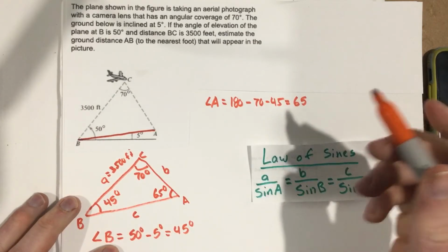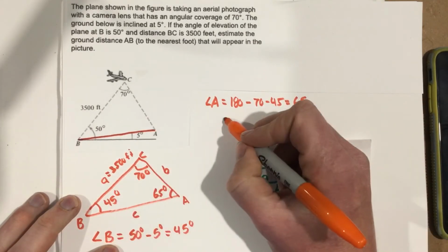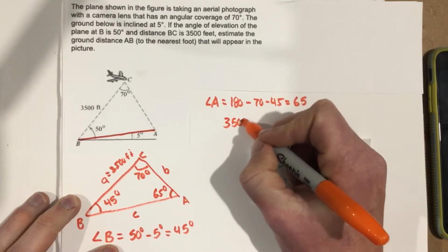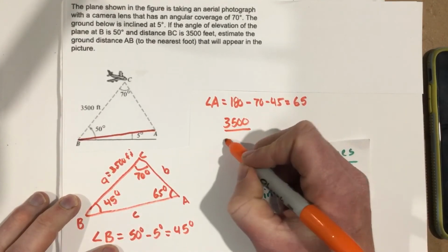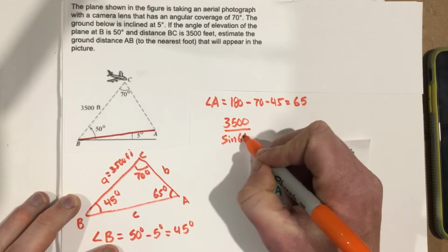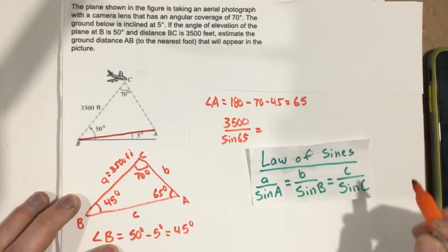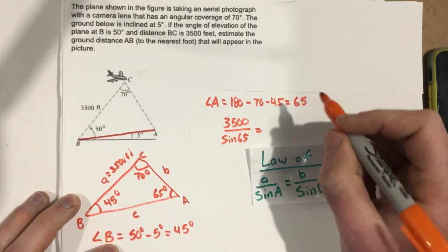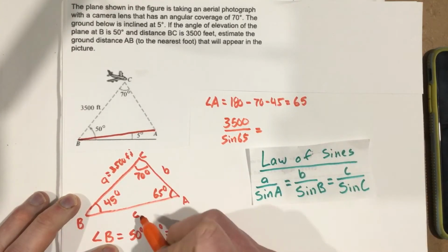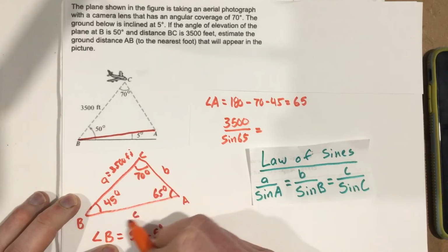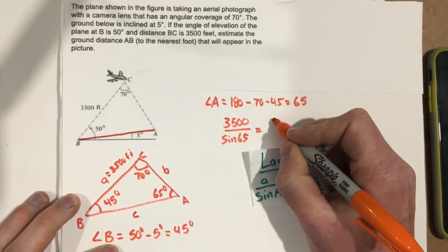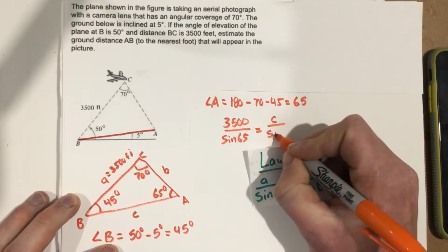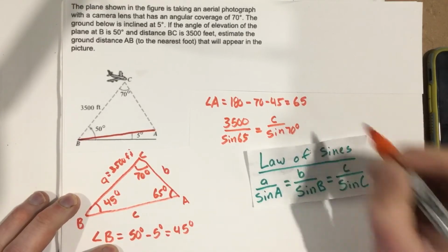So let's say little side a is 3,500 over sine of the angle, which is sine 65, equals b over sine 45, or not b over sine 45, sorry, c over sine 70, because we're looking for AB. So c over sine 70 degrees.